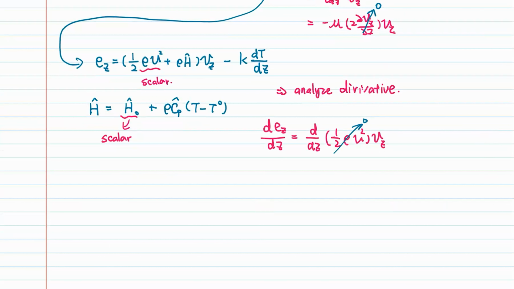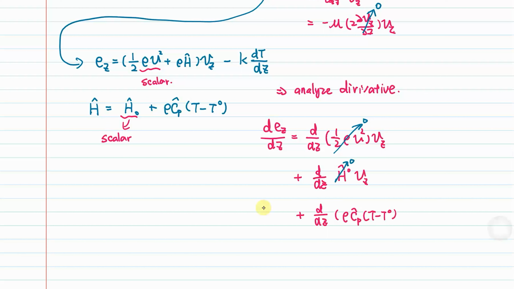Now, let's continue. Plus d/dz of H0 times Vz; again, this is a scalar, so this is 0. Plus d/dz of rho Cp (T minus T0).